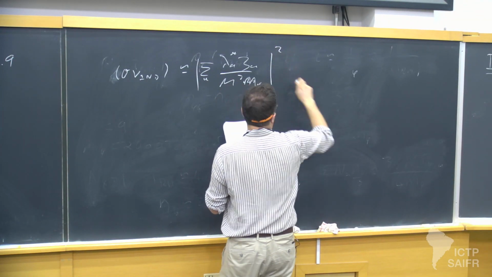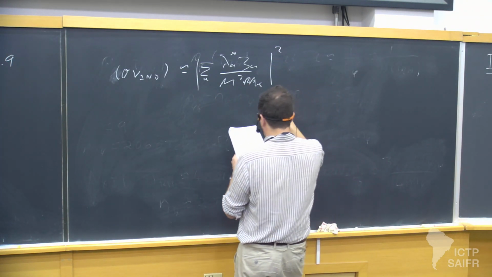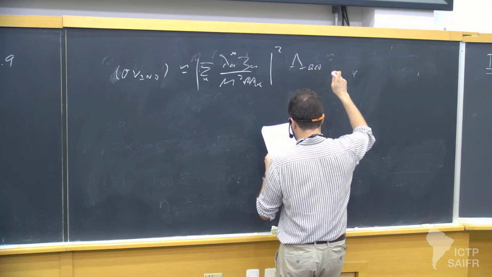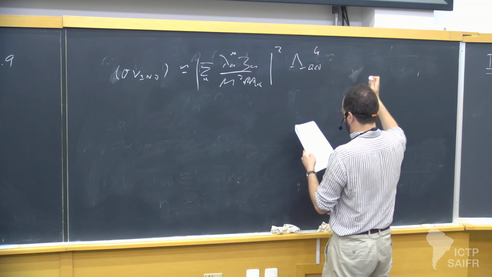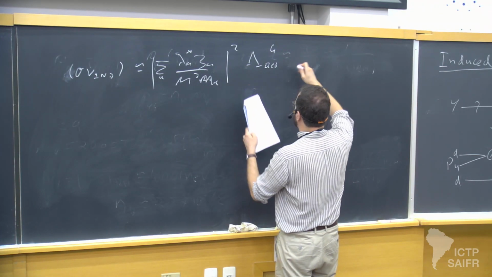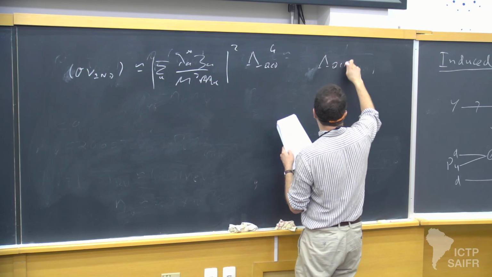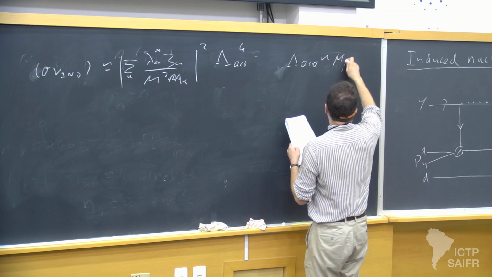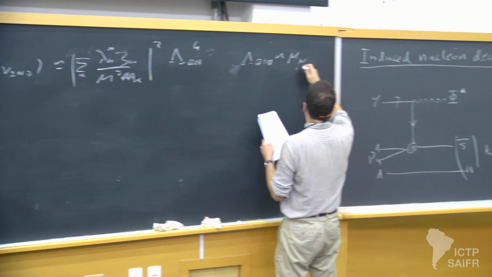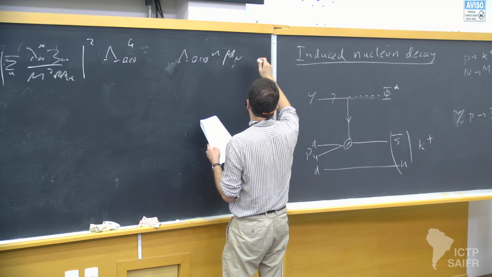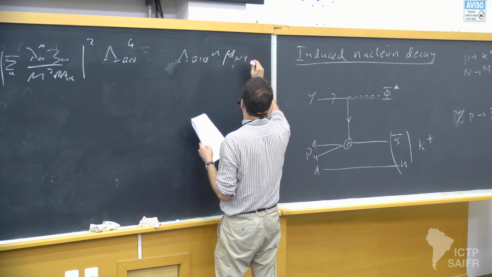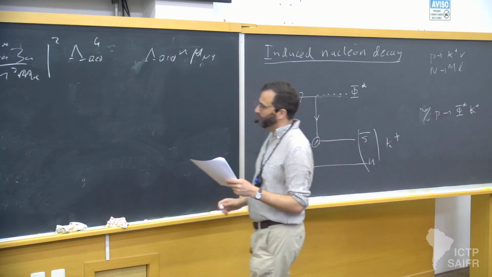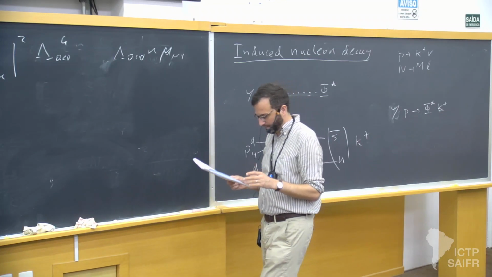You look at what vertices, particles and propagators are involved, and you estimate this, and you have a nuclear matrix element that you need to estimate. But this is just estimated as lambda QCD for our purposes. And lambda QCD is also of the order of the reduced mass of the nucleon and the dark matter, say. So that's why this just drops down to lambda QCD.